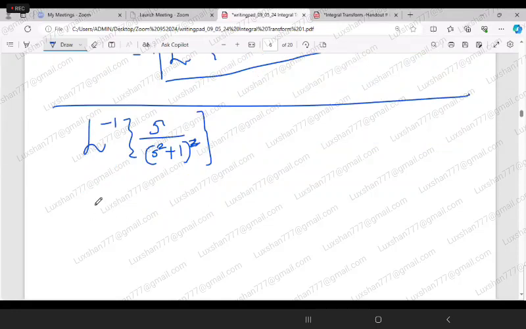Now let me ask, what is the inverse Laplace transform of 1 over s squared plus 1? Can anyone tell me the answer? This is a direct one.